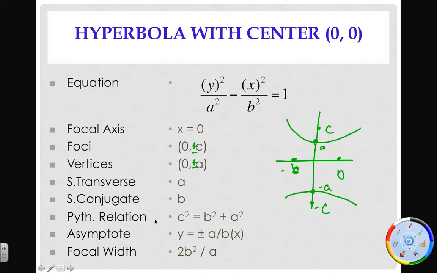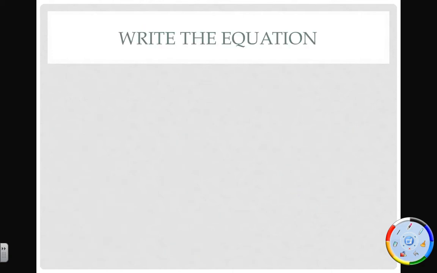And you'll notice the Pythagorean relation is actually one that we remember: a squared plus b squared equals c squared. All right, so let's go ahead and look at a few examples here.